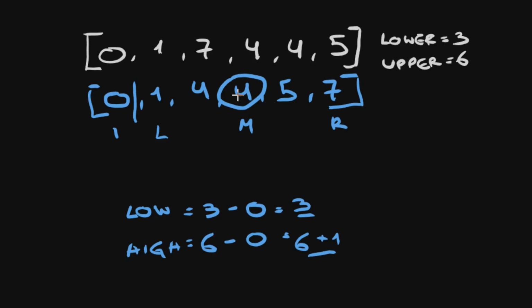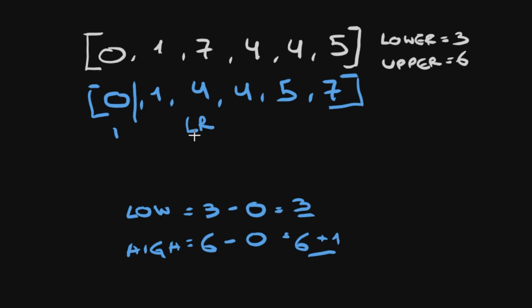So 4 is greater than 3, so we are moving the right pointer to mid minus 1. Now right is here, mid is here. We are working with the mid value, which is 1, and we are checking if 1 is greater or equal to the target. It isn't, so we move the left pointer to mid plus 1.